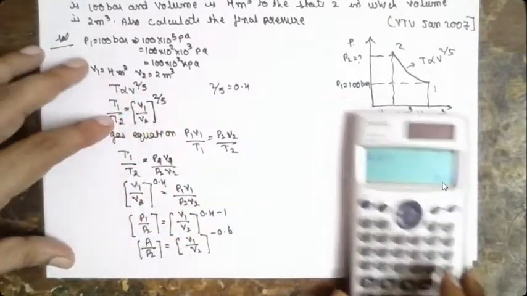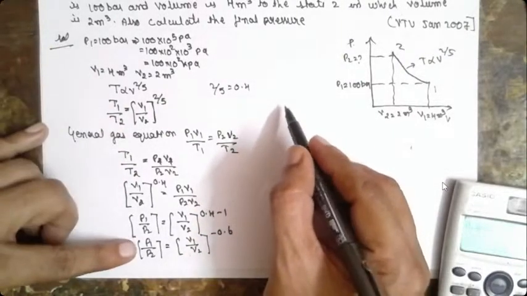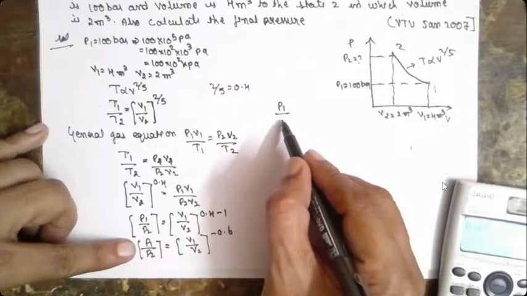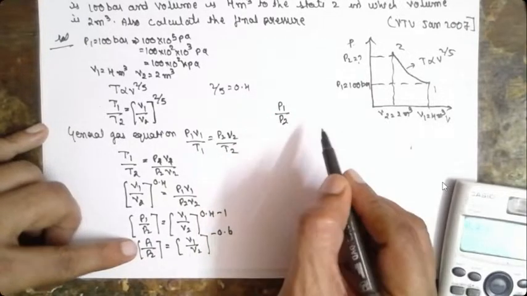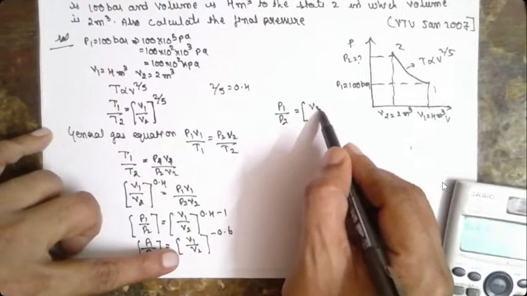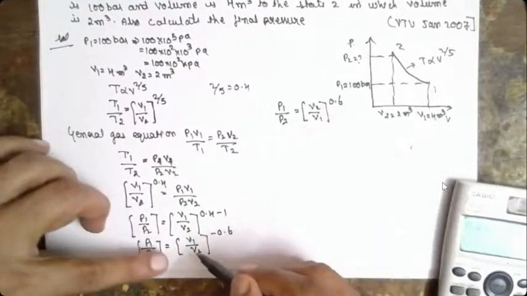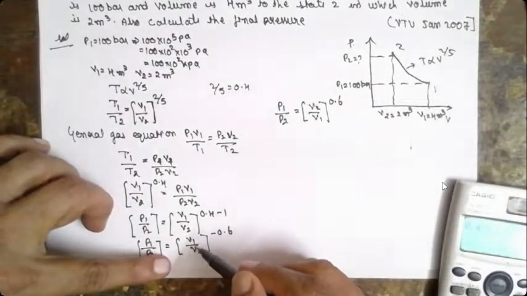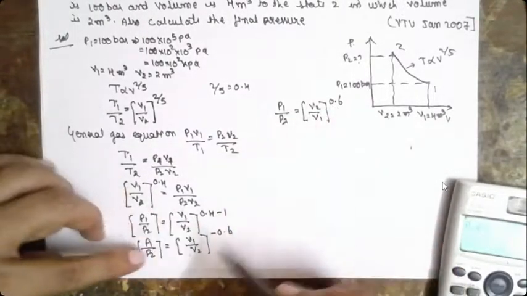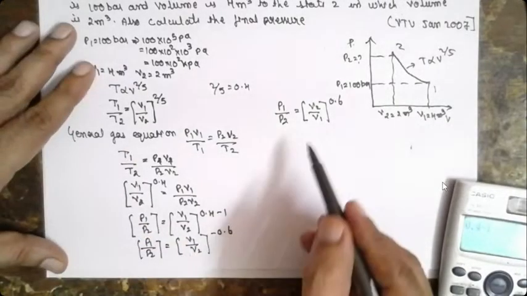Next, in order to remove this minus sign, we can write P1 by P2 is equal to V2 divided by V1 raised to 0.6. I am flipping up and down in order to remove the negative sign. If we move V2 to the top and V1 to the bottom, this sign becomes positive 0.6.